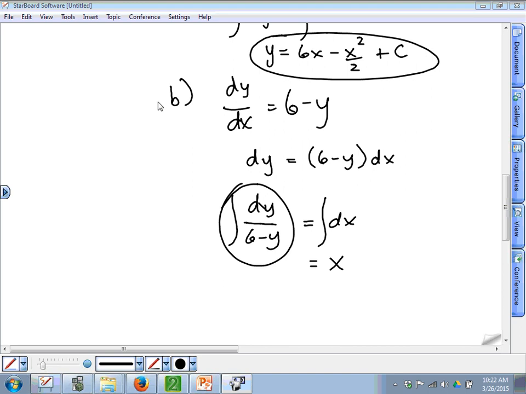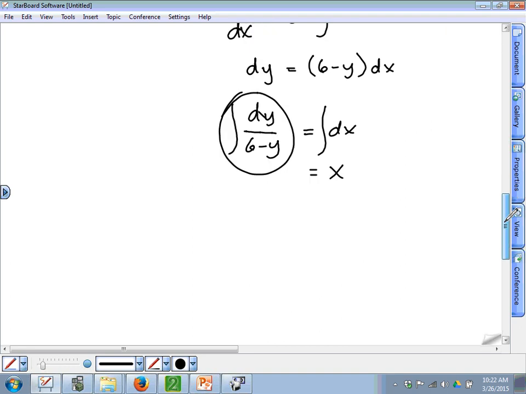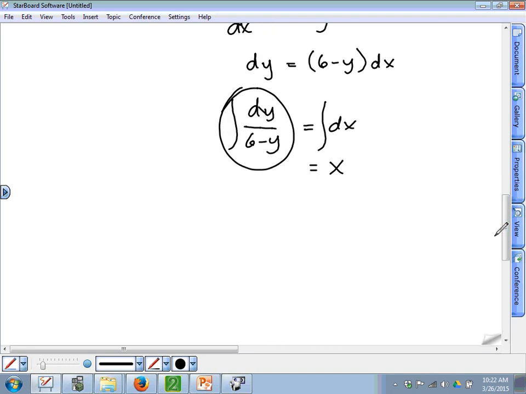The absolute value and then ln of u. It's a u prime over u, and so that turns into ln of the absolute value of u.